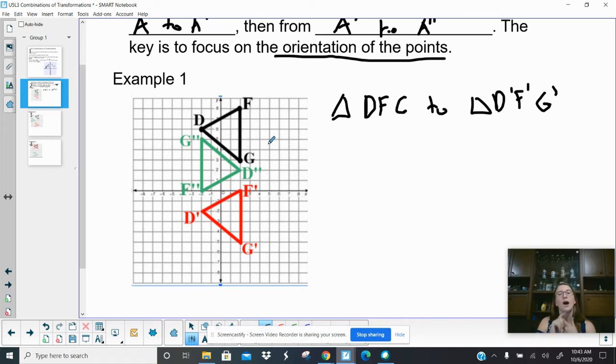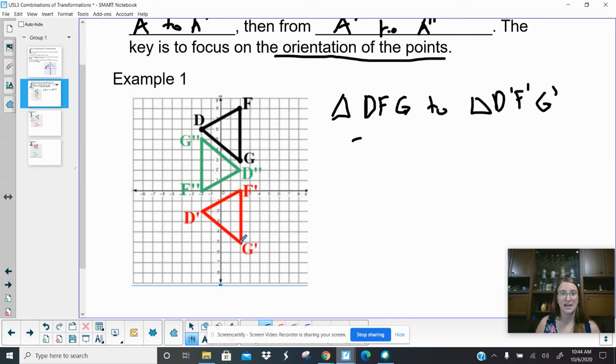So we're going to kind of do process of elimination here. It's either rotation, reflection, or translation. So the first thing we ask ourselves is, are the points oriented the same way? Notice it goes F, D, G. Here it goes F, D, G. Those are oriented the same way.